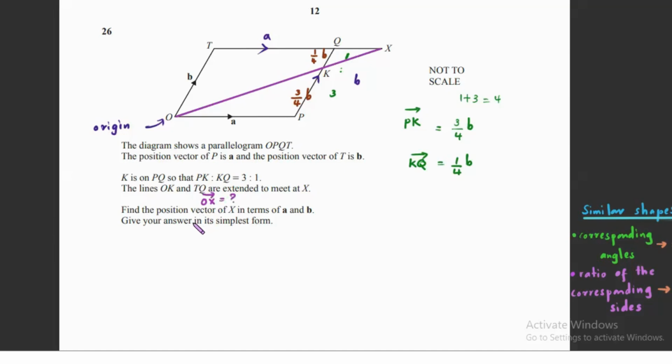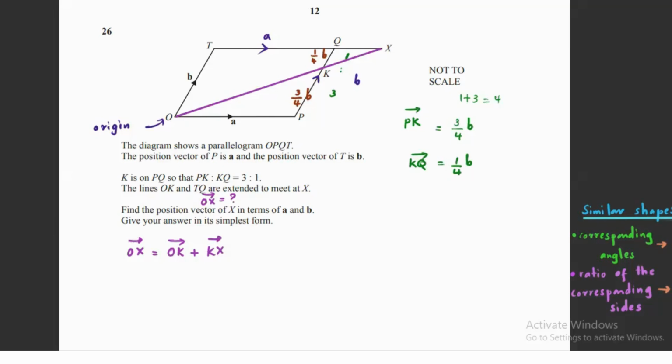So for us to go from O to X, we can take several routes. I'm going to take this route, O to K and K to X. O to K plus K to X gives us what O to X is. Now, I need to find what O to K is.